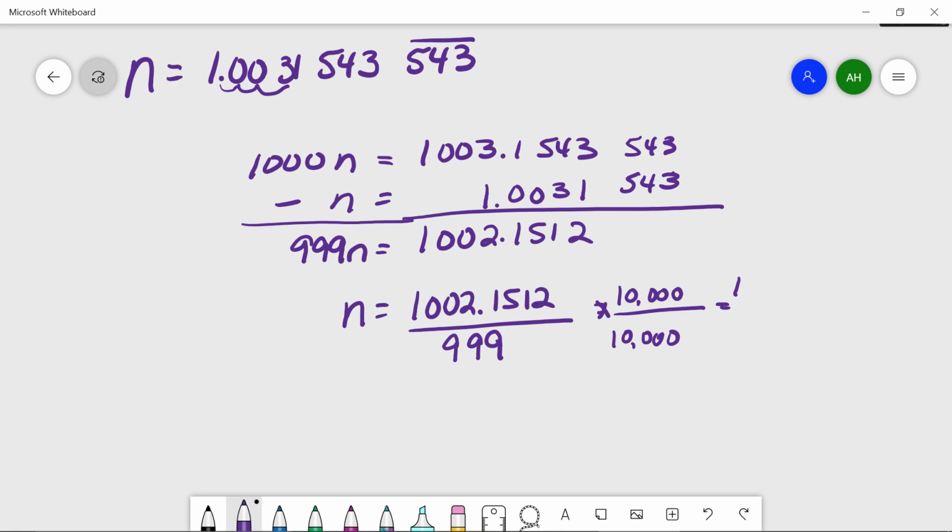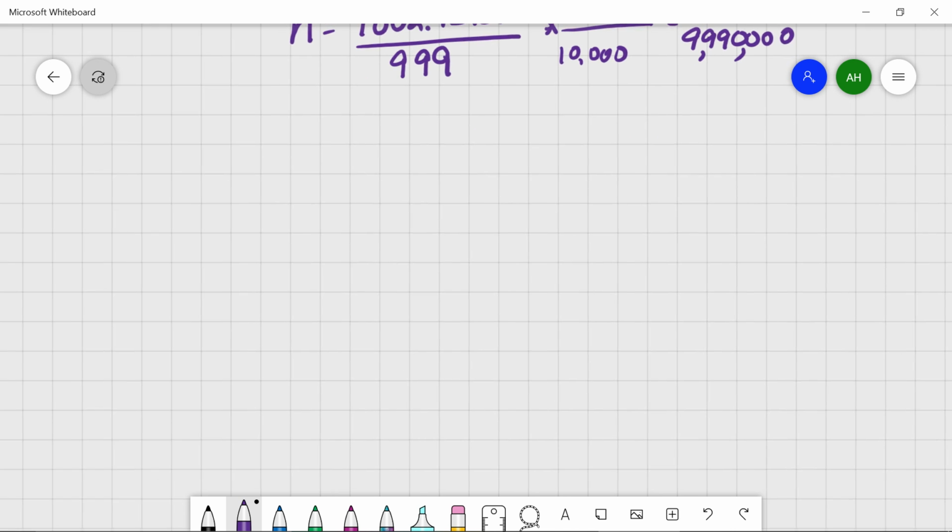So I'm going to get 1,002.1512 shifted four places on top, and down here I'm going to get the 999 and add 4 zeros to it: 1, 2, 3, 4. I put my commas in. There I've been able to write that as a rational number, which is a fraction of 2 integers.